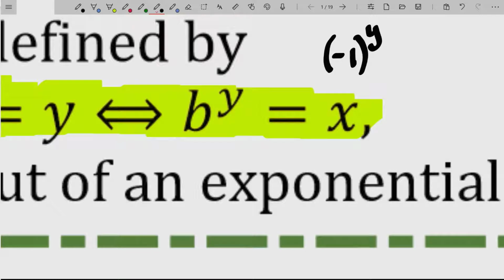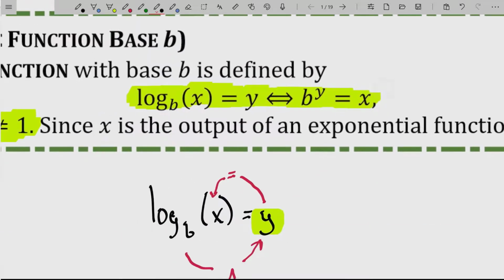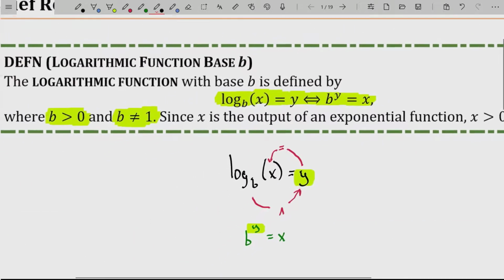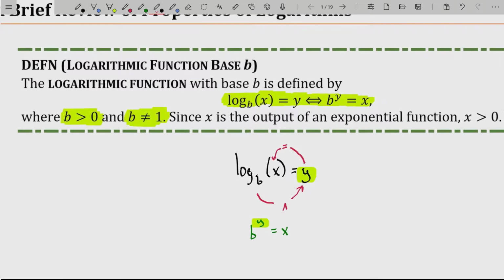Then you'd be talking about the square root of -1, and that's a problem. So that is why we require the base to not only be positive, but again, to not be 1. And since that base b is the same b in the logarithm's base, that restriction carries over.